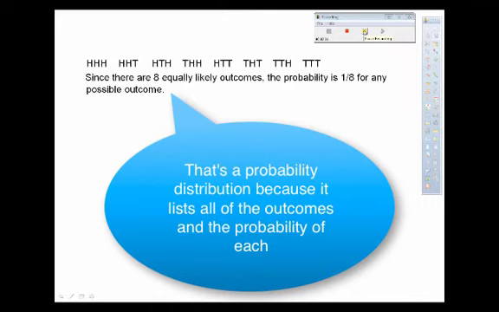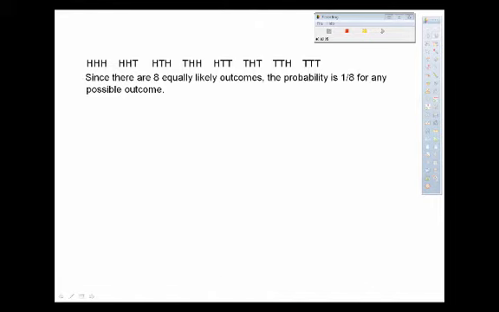Tossing the coin 3 times, these are the possible outcomes. I could get 3 heads. I could get 2 heads and then a tail. I could get a head, then a tail, then a head, etc., all the way down to 3 tails. Since there are 8 equally likely outcomes, the probability is 1/8 for any possible outcome.